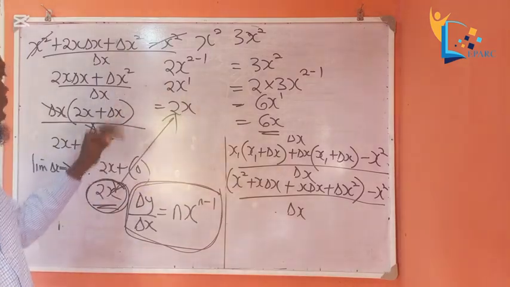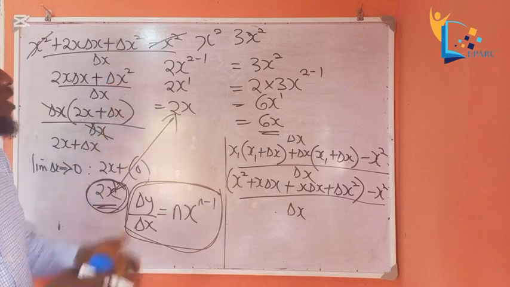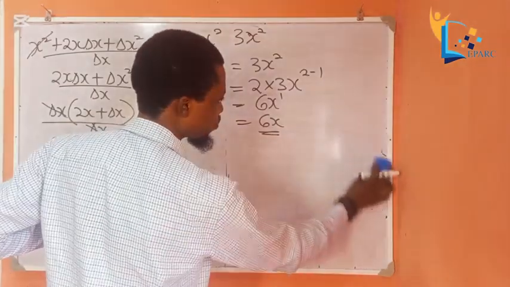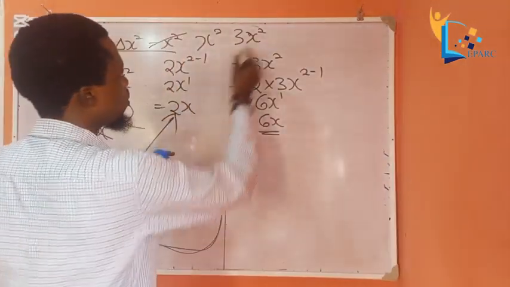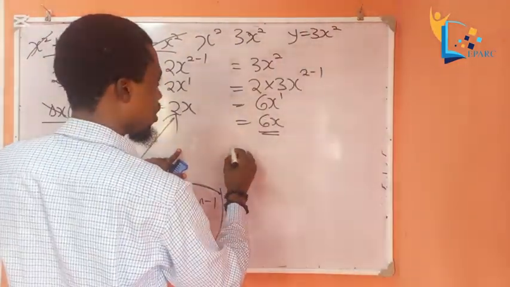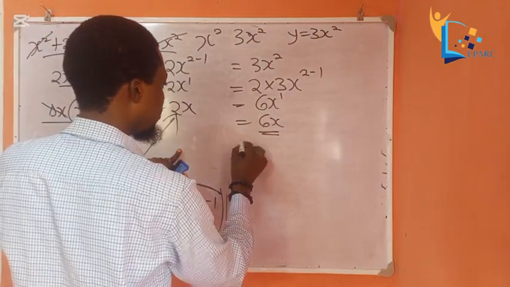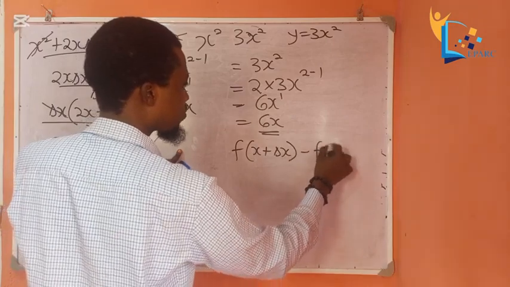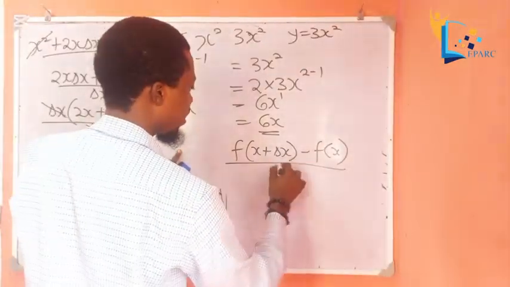We have our formula, and this is how you substitute your formula. So if you want to use differentiation from first principle, for instance, to solve for y equal to 3x squared, the formula goes like this: f(x plus delta x) minus f(x) all over delta x.